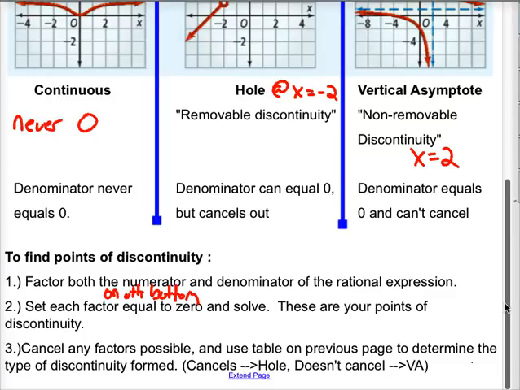These are your points of discontinuity. And then you want to cancel any factors and use the table to determine the type of discontinuity formed. So in this case, when it cancels, you get a hole. When it doesn't cancel, you get a vertical asymptote.